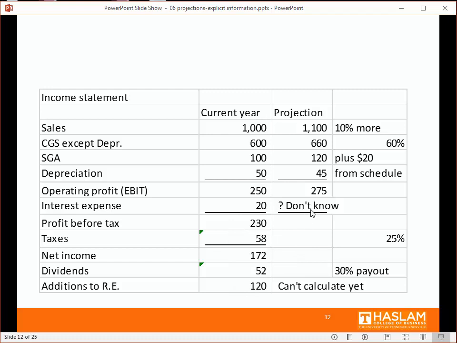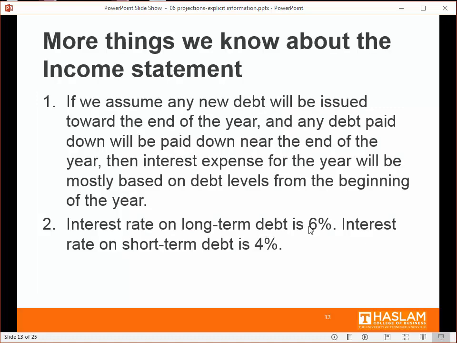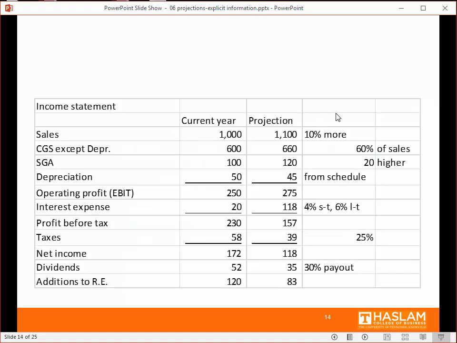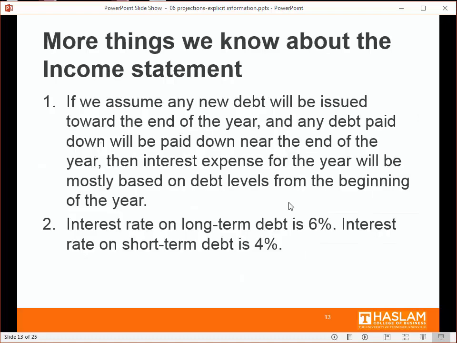Turns out disentangling interest expense from current year's debt makes life easier in terms of projections. Now, we've also got an interest rate on long-term debt and short-term debt. And so we can observe that interest expense is going to be 4% of short-term debt, 6% of long-term debt, and I'm going to back up for this.